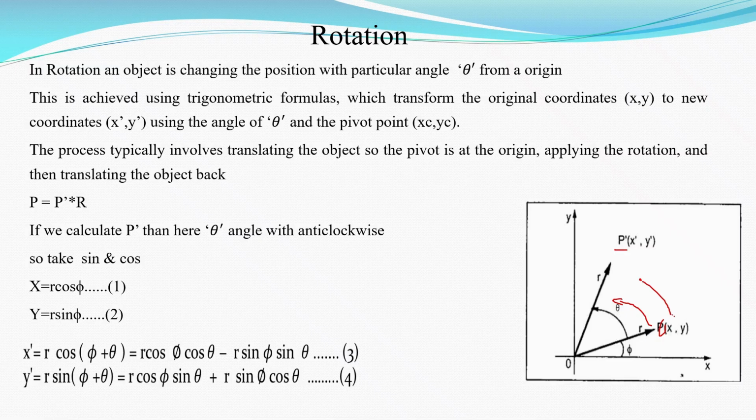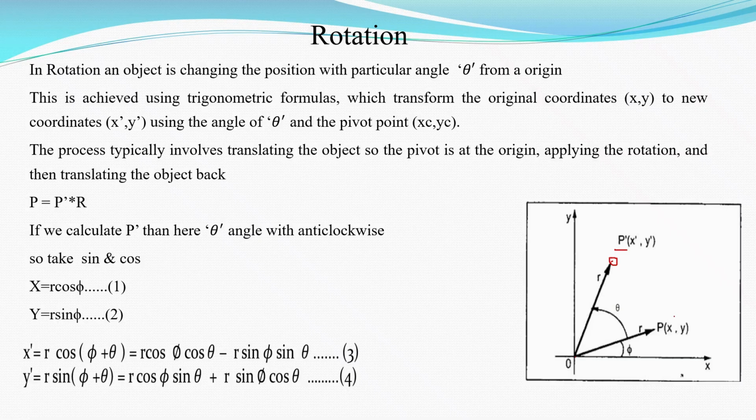This pivot is nothing but the origin. We have to come back to the origin, then change the angle, and then shift to where we want, depending on how much angle we want to change the given pixel. In short, I'm telling you we want to move the P coordinates to P dash.